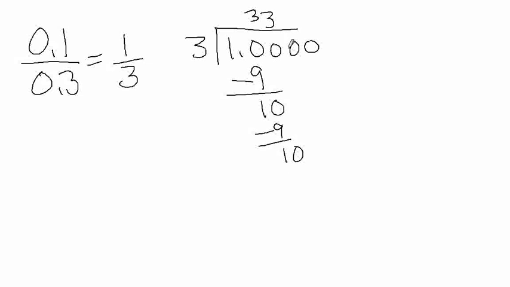Okay, and it would never stop. Now, by the way, if you need to keep adding zeros when you do long division, that is perfectly fine. You saw that I started with 1.0, and then I added a few more zeros.